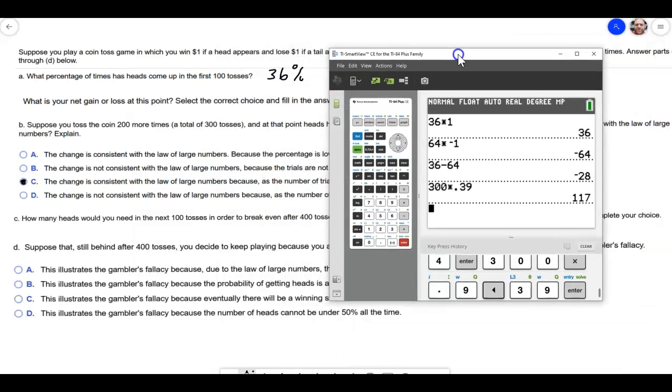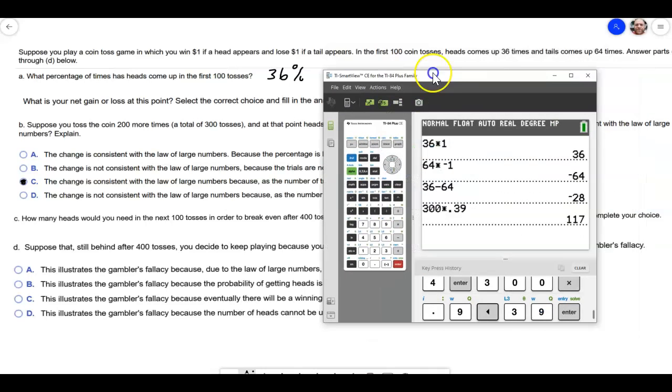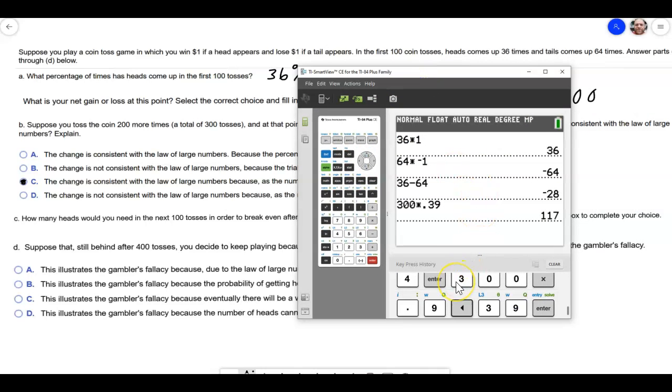Now it says how many heads would you need in the next 100 tosses in order to break even? If we were to break even after 400 tosses, that means we would have needed to flip heads 200 times, right? Because that would be breaking even. Since we win $1 when we flip a heads and we lose $1 when we flip a tails, after 400 times, we would need to have won 200 times. But so far, we've only won 117 times.